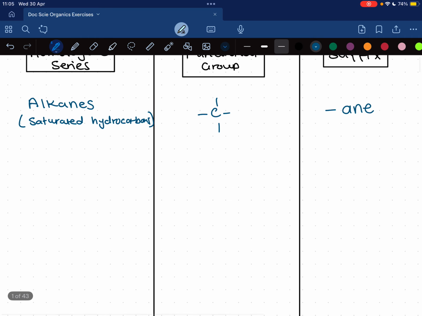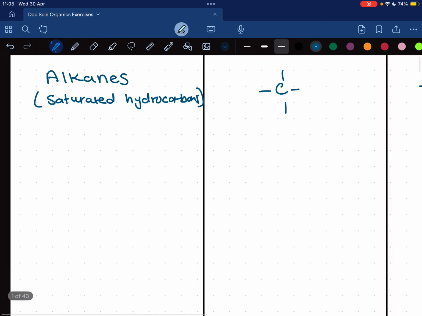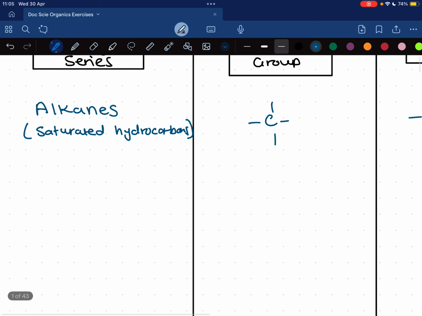Then something that we didn't really discuss last term, but I'm going to put it here in the summary notes as well, is that there are general formulas for the homologous series. So the general formula for an alkane is going to be CnH2n+2. So n is just an integer number representing the number of carbons.